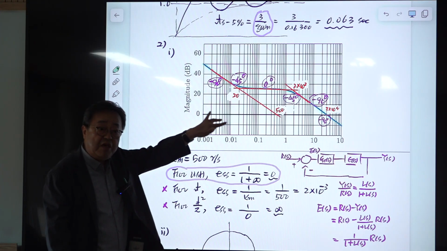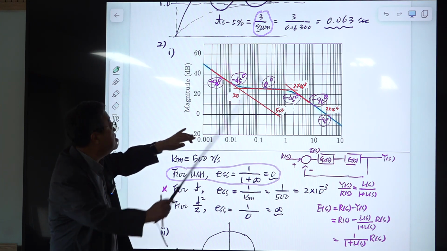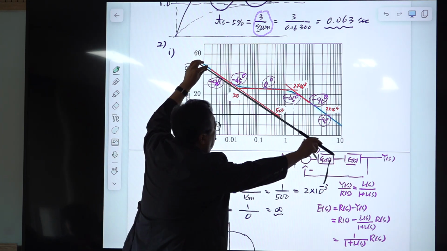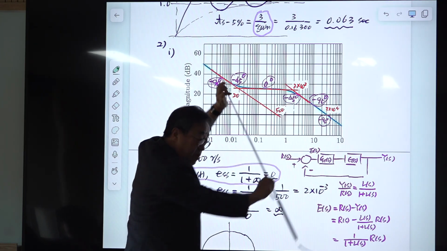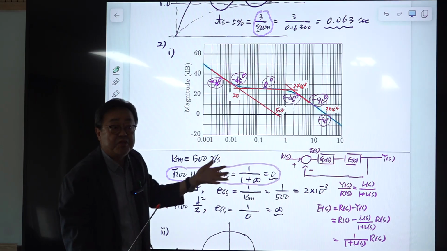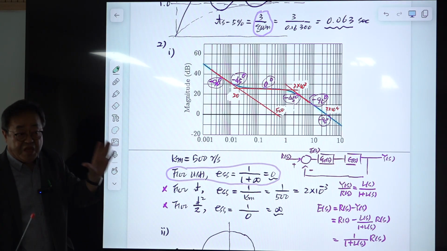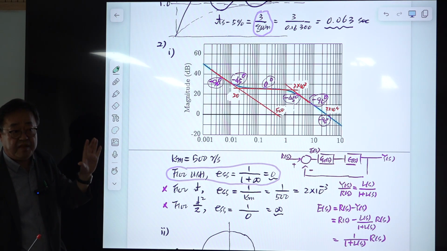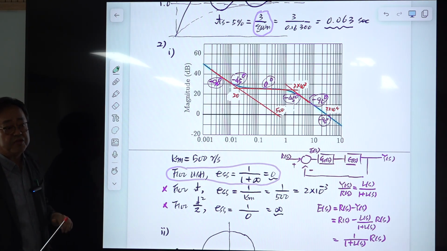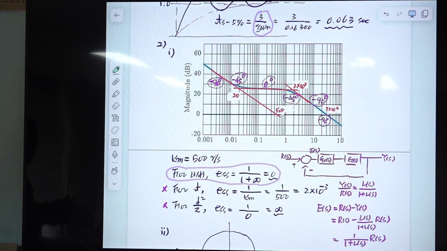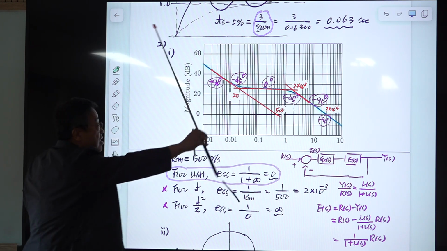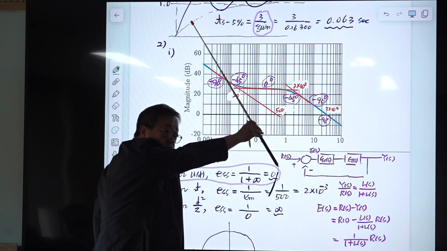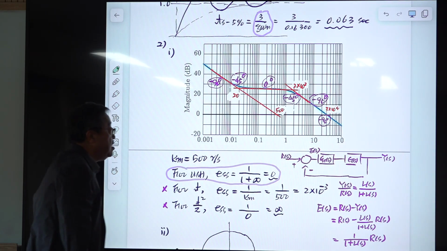The ideal loop gain characteristic is this one, -1 slope up to the crossover frequency. That is not always possible because of the dynamics of the plant, but we are trying to make the loop gain closely resemble this -1 structure. That is one purpose of loop gain shaping.